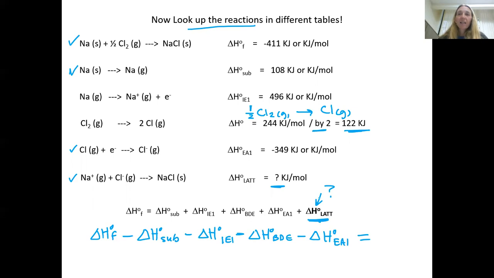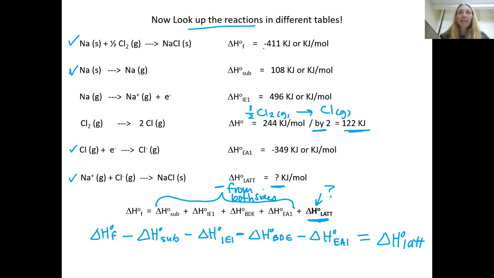That's going to make the delta H lattice energy all by itself. Okay, so I've taken all of these values and I subtract from both sides, so I'm moving it over to the side with the delta H of formation. Okay, so I've looked up all the reactions, I've rearranged my equations.